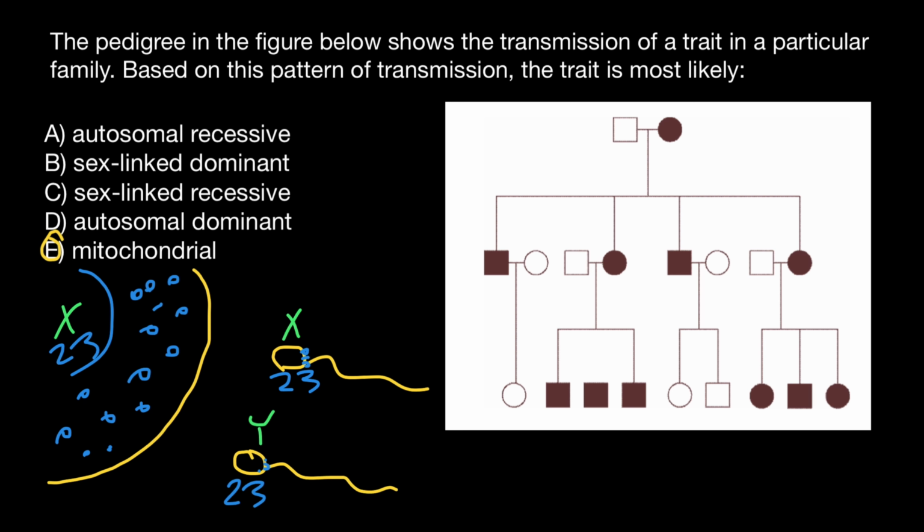In this couple, if they had more children, again, all children would be healthy, and no matter how many more children this couple would have, all of them are going to inherit mitochondria from the mother's side, and they would be affected with this genetic disorder.